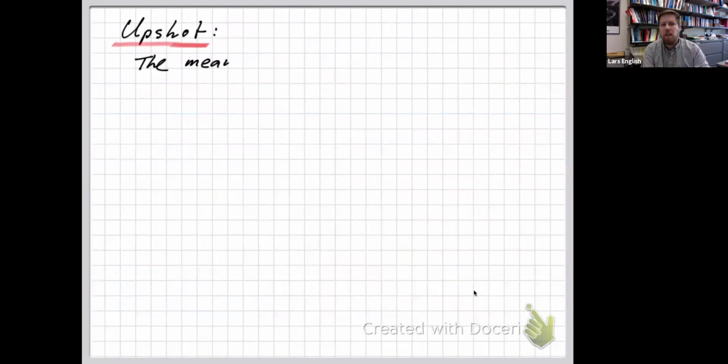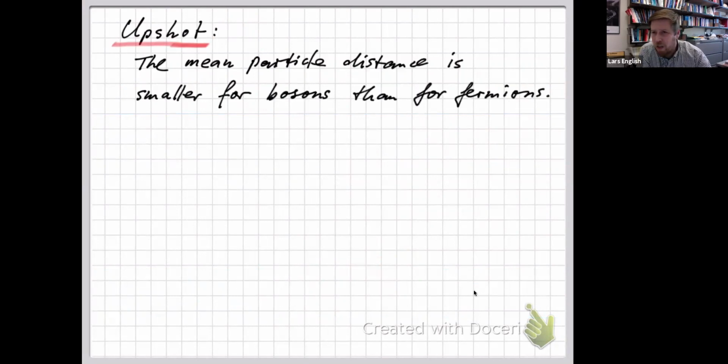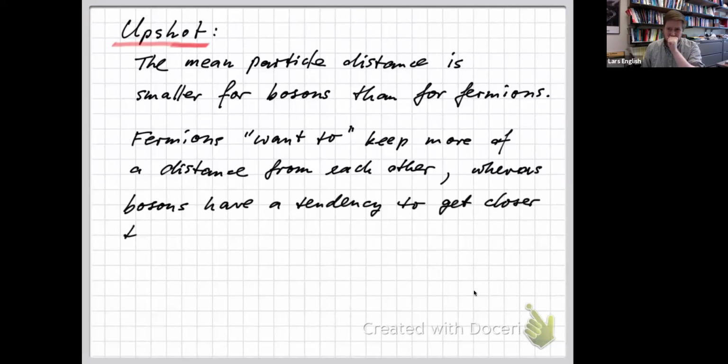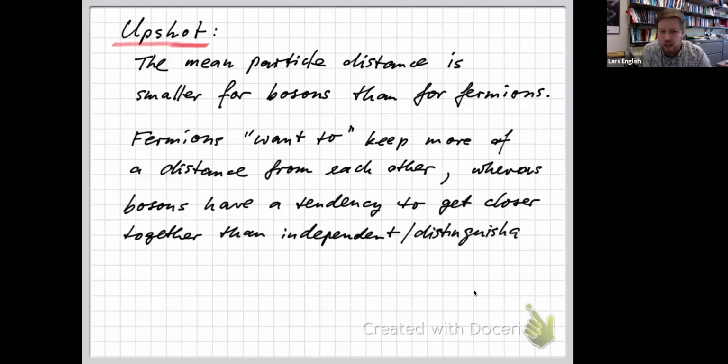And so the upshot then is that the mean particle distance, the average distance between the two particles, is smaller for bosons than it is for fermions. Fermions want to keep more of a distance from each other, whereas bosons have a tendency to get even closer together to one another, even compared to the distinguishable particle case, the independent distinguishable particle situation.